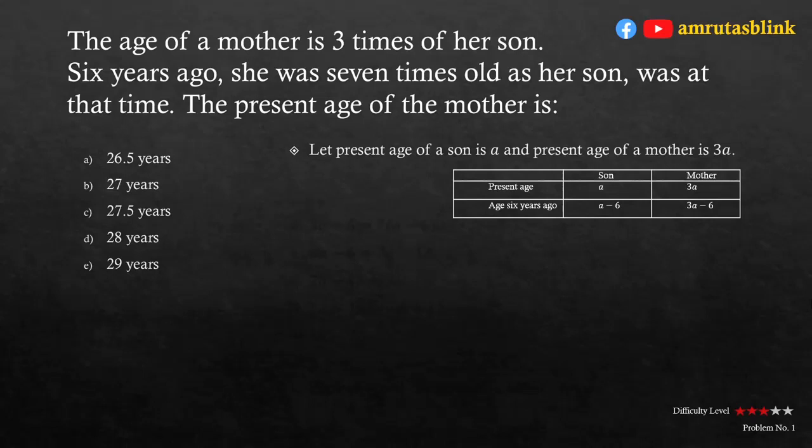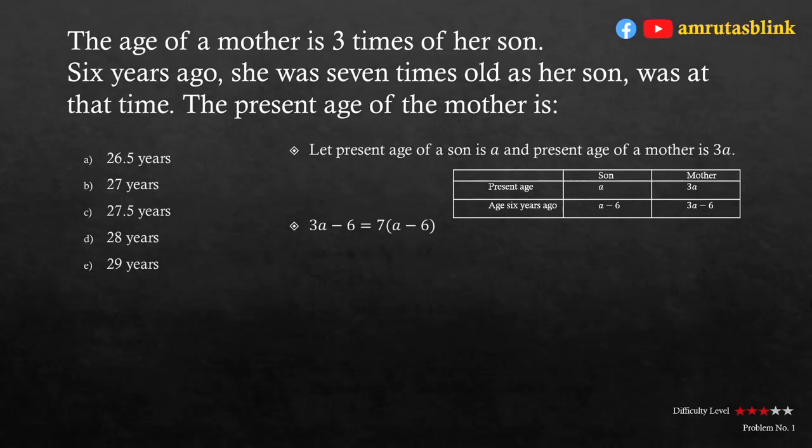Now, we have got the current age of her son and her mother, that is A and 3A respectively. Now, 6 years ago, what will be the age of the son? If his today's age is A, then 6 years ago his age must have been A minus 6. Similarly, if today's age of the mother is 3A, then 6 years ago her age must be 3A minus 6.